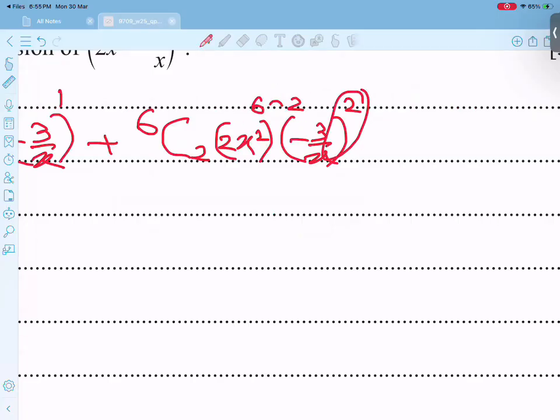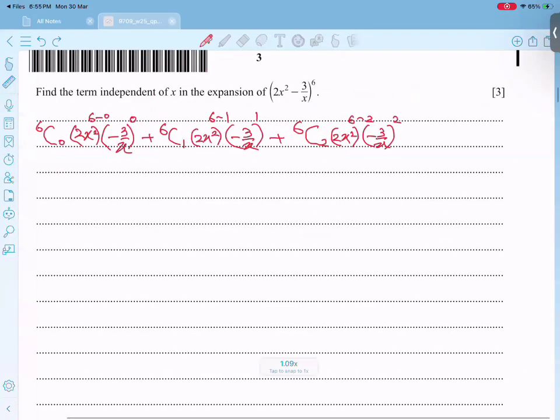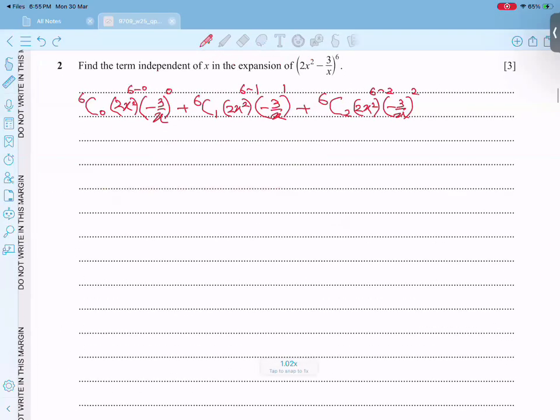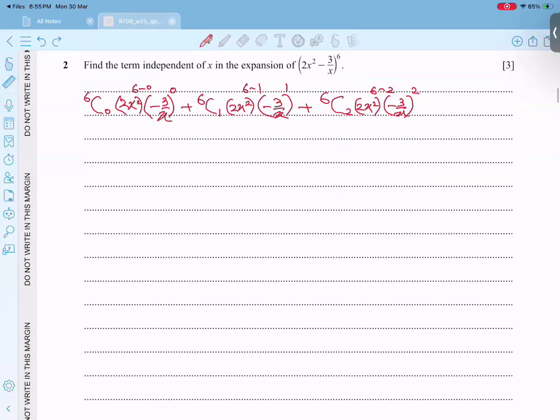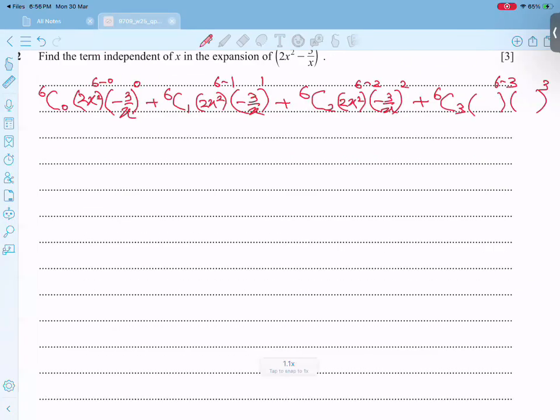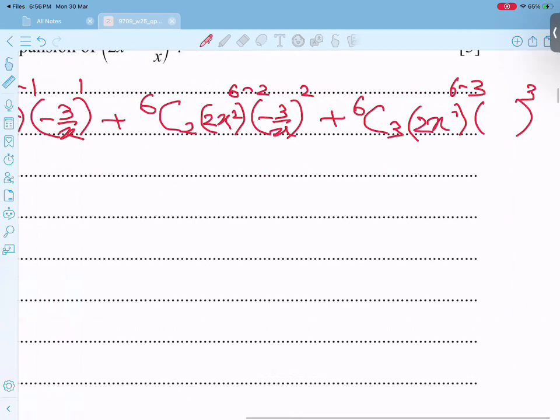So it means I have to go for one more term. 6C3, two brackets. Here 6 minus 3, here 3. Here I'm getting 2x to power 2 and negative 3 over x. Now here is a 2, so 3 twos are 6, and here we get a 3. So I cannot cancel them.